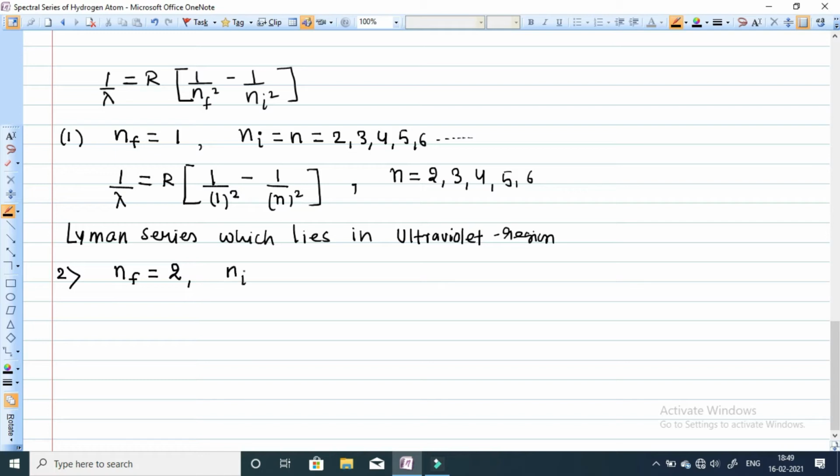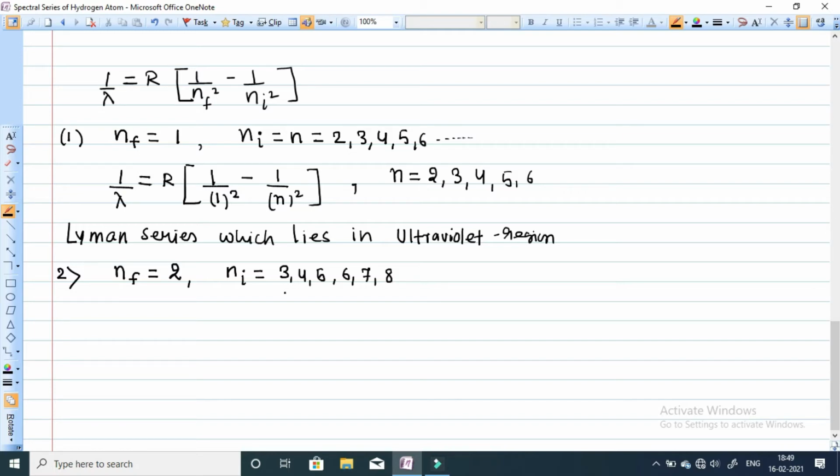So initially the electron may be higher than this, meaning 3, 4, 5, 6, 7, 8, like this. The electron is making a transition from the higher energy state n is equal to 3 to the first excited state, that is n is equal to 2. It will emit radiation and it will have some wavelength.